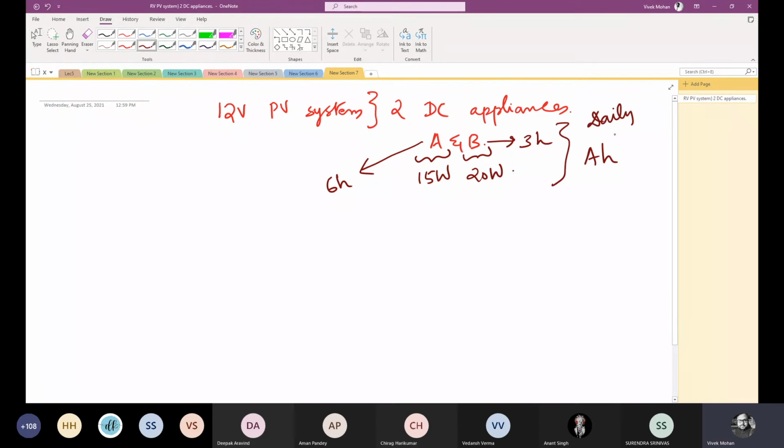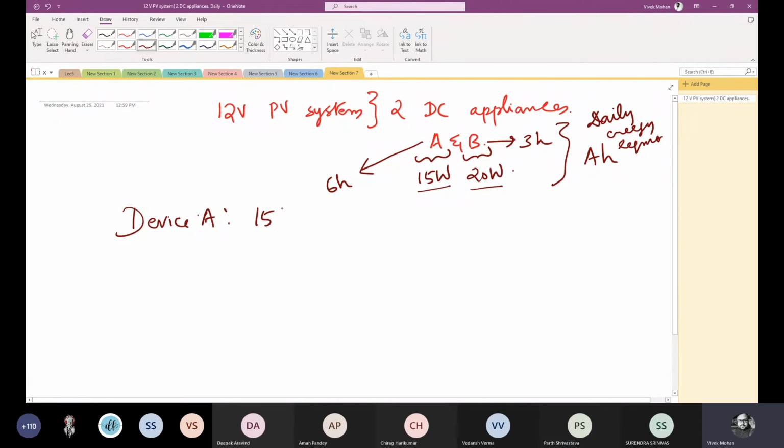Daily energy requirement. So let's see. Device A. What is the wattage of device A? It is given in the question, right? For A it is 15 watts and B it is 20 watts.